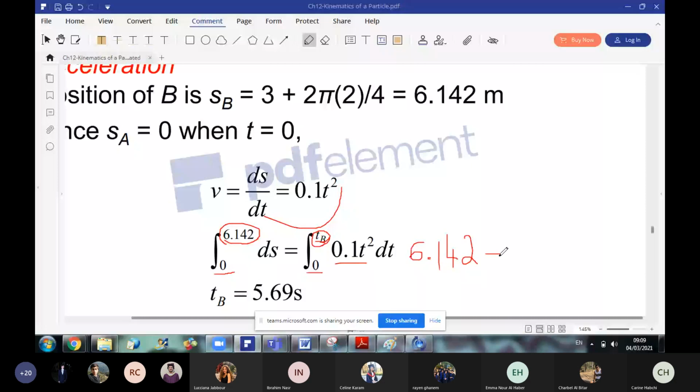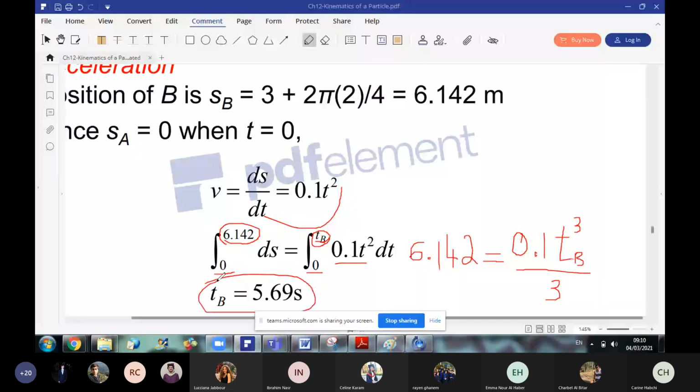If you apply it between 0 and tb, at 0 it gives 0. So I will get just 0.1 times tb to the power 3 over 3. Then the only unknown in this equation is tb. I can calculate the corresponding value of tb. Okay, so this is the time needed to reach b.